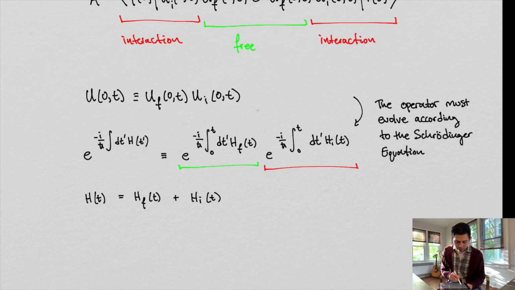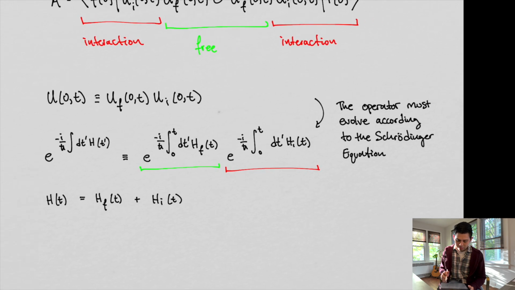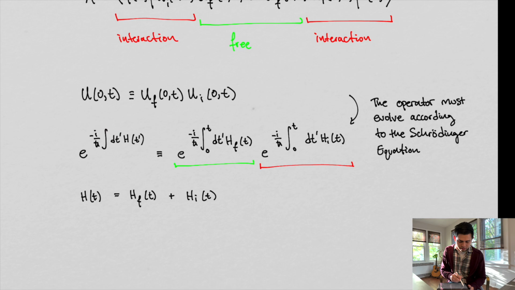And so we're defining this term here, without subscripts, to contain the free and the interaction portion. We're going to see the same thing with the Hamiltonian. If we stipulate this definition, the operator must evolve according to the Schrödinger equation, right? So that means this has to take this form.